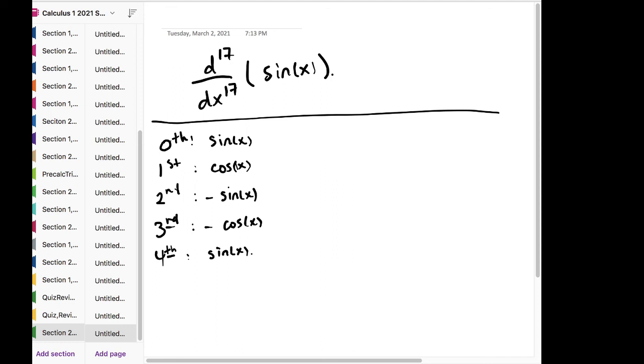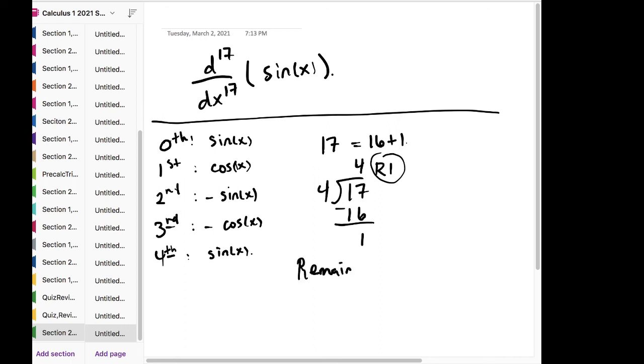So how do you know it's cosine? Yeah, it repeats every 4. So do you know how to calculate it? Right, 17 is equal to 16 plus 1. When you divide by 4, you get 16 remainder 1. So the remainder divided by 4 gives the derivative.